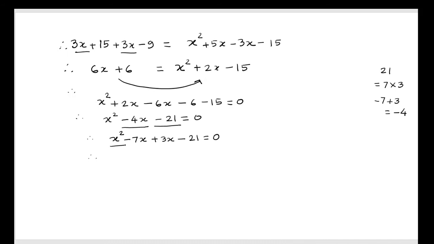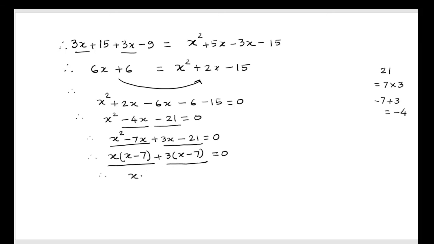From the first two bracket terms, we can take x common. So we will be left with x minus 7. From the second two, we can have 3 common. So we will be left with x minus 7 equal to 0. Now, this bracket is with x, the second bracket is with 3, but both are x minus 7 each.